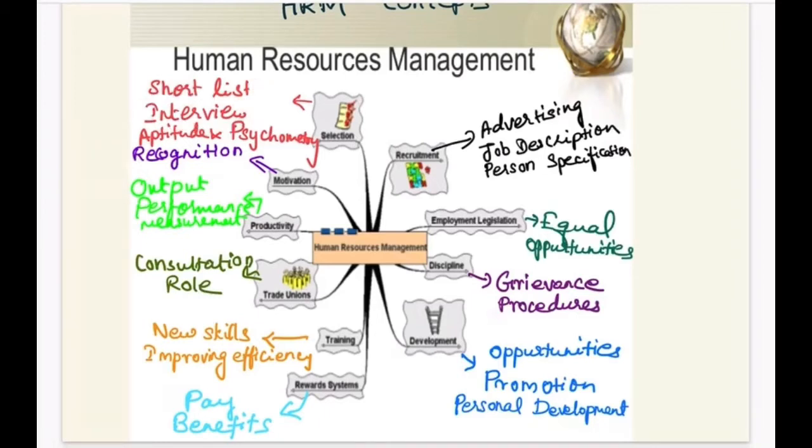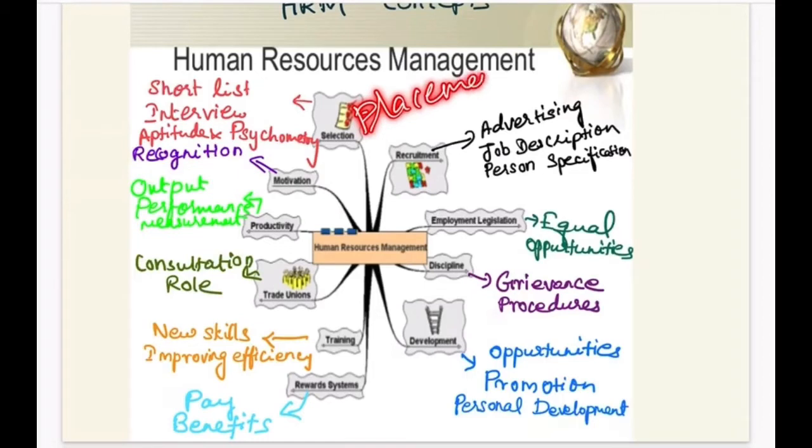After the preliminary interview, there will be some tests to check your aptitude and psychometry, as we were discussing about a person's belief system, their attitude and everything. So this is how the selection process will be. Once you go through the selection process, a person will get placement, that is, job placement.